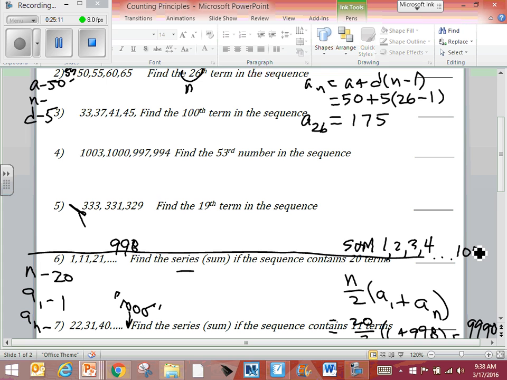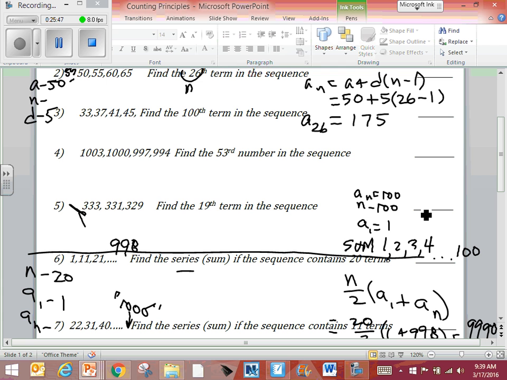Okay, from 1 to 100. Now I know from 1 to 100 there are 100 numbers. So in this problem, my n, how many terms? There are 100. My a sub 1 is going to be a 1, and my a sub n, the last number, is also going to be 100. Let's see what this one does. N is 100.